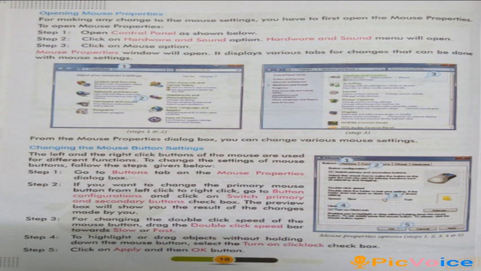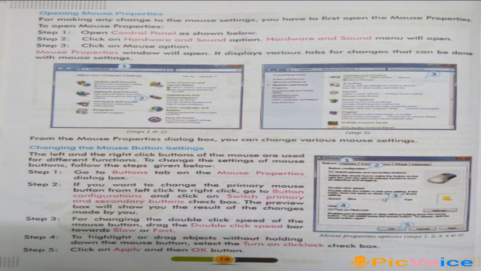Step 1 is open control panel. Then step 2 is click on hardware and sound option. Hardware and sound option menu will open. Then step 4 is click on mouse option. Then mouse properties window will open, and this window displays various tabs for changes that can be done with mouse settings.